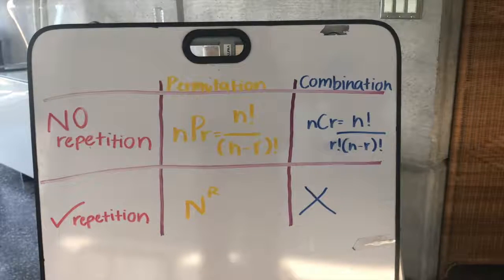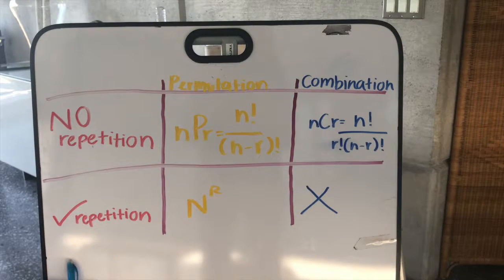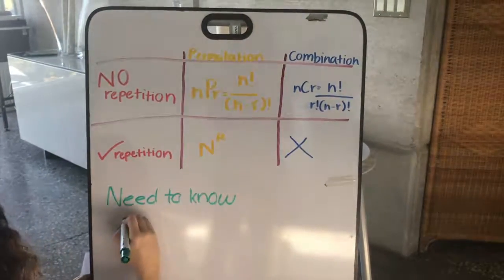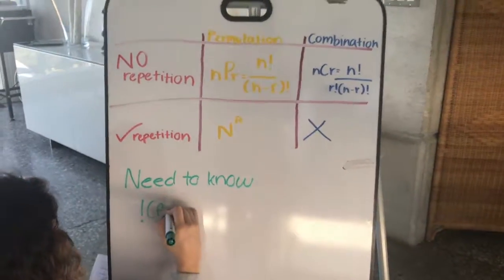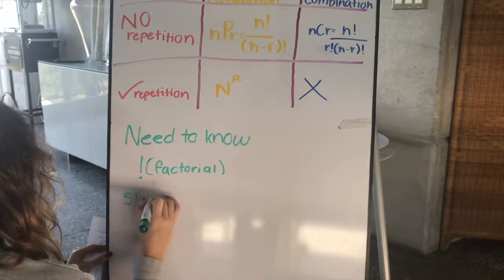The order does not matter here, and a great example is to grab 3 volunteers, since there are no roles or titles involved. It's also very important to know what a factorial is. A factorial is a multiplication of whole numbers from the chosen number down to 1, and the symbol is an exclamation mark.